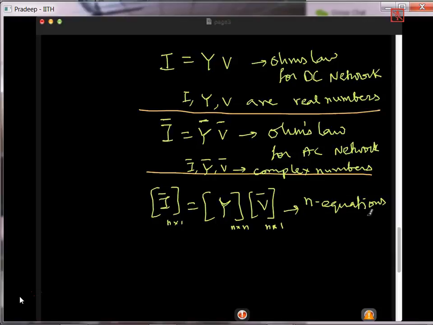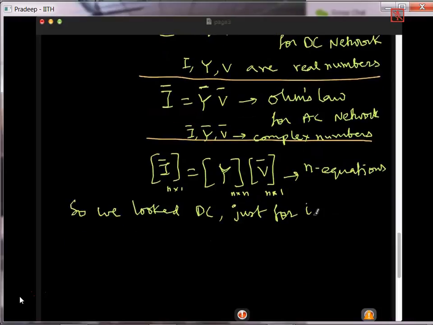So I hope this clarifies the doubt. We looked at DC just for understanding, and then apply that in AC. So I hope this clarifies your doubt.